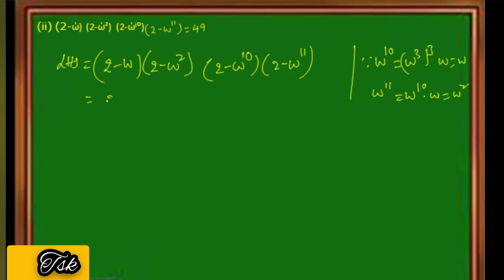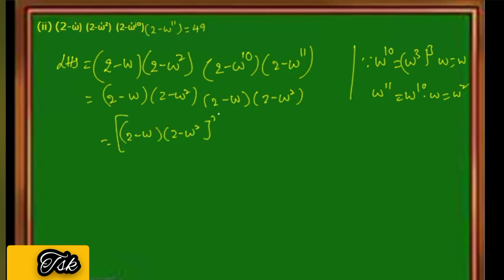So I can write this as (2 minus omega)(2 minus omega square)(2 minus omega)(2 minus omega square). Okay, so this becomes ((2 minus omega)(2 minus omega square)) whole square. Multiply this, you get 4, minus 2 omega square, minus 2 omega, plus omega cube, which is 1, whole square.